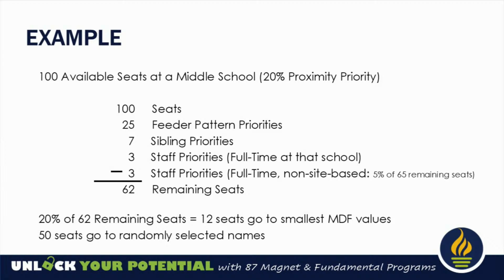And let's say that there were 62 remaining seats. 20% of the 62 remaining seats would be 12 seats that would go to the smallest Manhattan distance formula values. And 50 seats would go to randomly selected names on the bottom. So that's a visual that might be helpful to understand how the proximity priority is applied after all of the rest of the priorities.